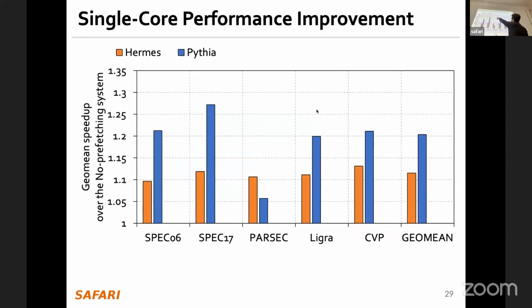PTI here is a prefetching technique, and Hermes here is the off-chip load prediction technique that we're discussing. The first key observation is that an off-chip load predictor like Hermes provides nearly more than half of the performance benefit of a full-blown prefetcher like PTI.